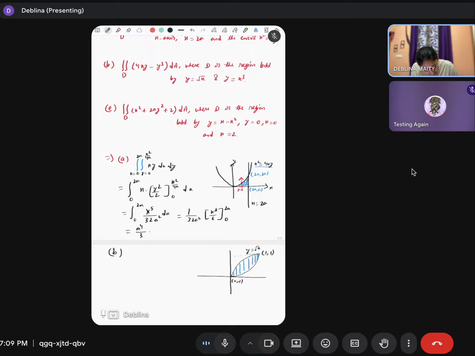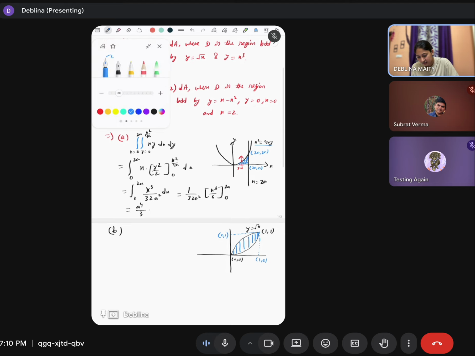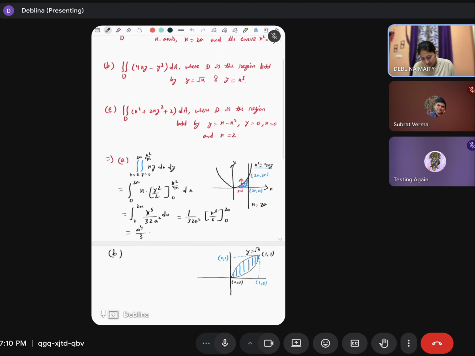So this point is 0 1, and this is 1 0. Right? So we have the integration of 4xy minus y cube dx dy. Now we have to find out the limits. Here x runs from 0 to 1.